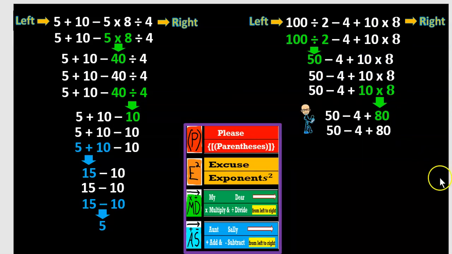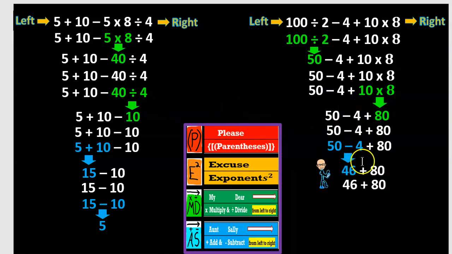Then what do you think you're going to do? Well, there's no more dividing or multiplying. There's no more My Dear or Dear My. But do we have any Aunt Sallys or Sally Aunts? We have Sally Aunts this time. Sally's coming first. Yep, there it is. Subtract first this time. And then the only thing that's left is to add.